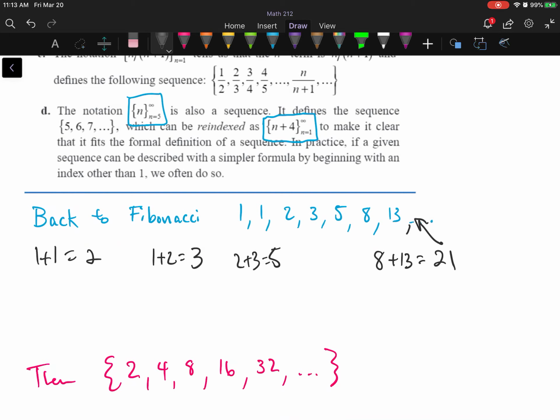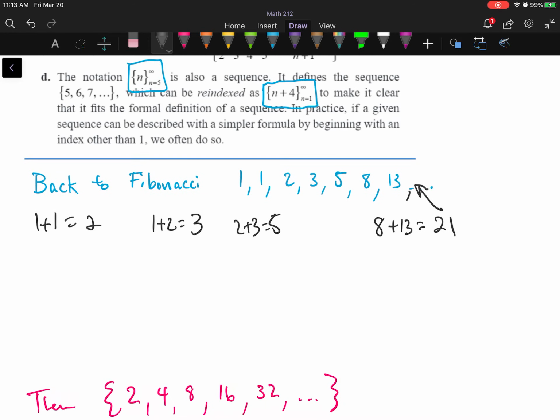And this relationship actually gives us some way to come up with a kind of formula for this. In mathematical notation, we could say that the nth term, or actually I'm going to use f because this is Fibonacci, F sub n, the nth term in our sequence, is the sum of the n minus 1th term, so the previous term, and the term that precedes this one, f sub n minus 2.